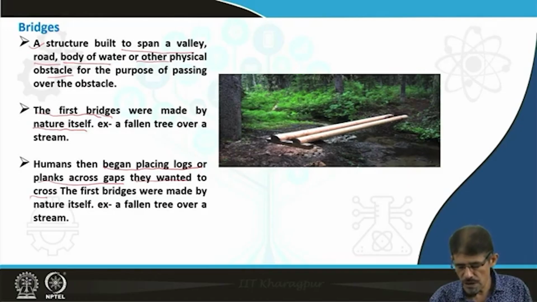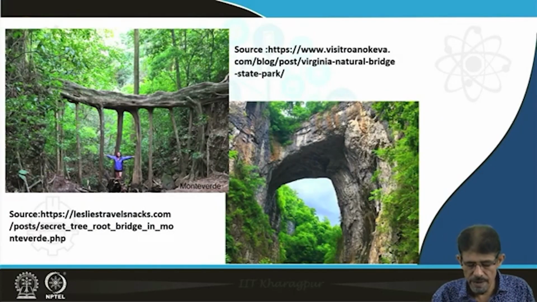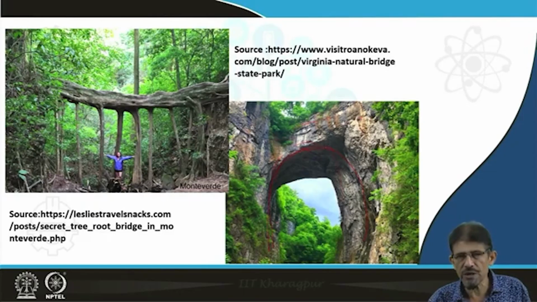You can see the simple way the wooden logs are utilized to cross this water body. Similarly, we have other types. You can see the naturally eroded rocks provide some bridge-like structures, becoming a natural bridge.